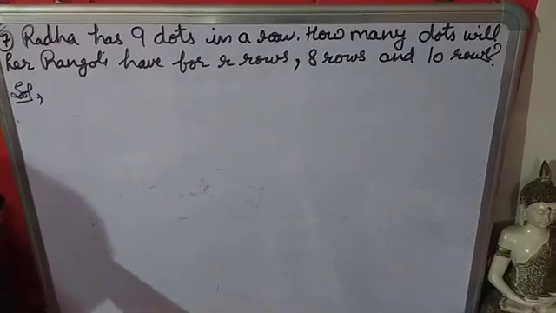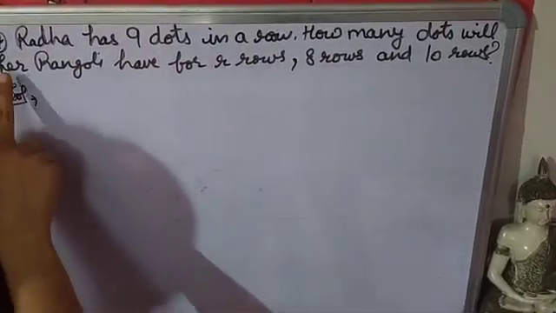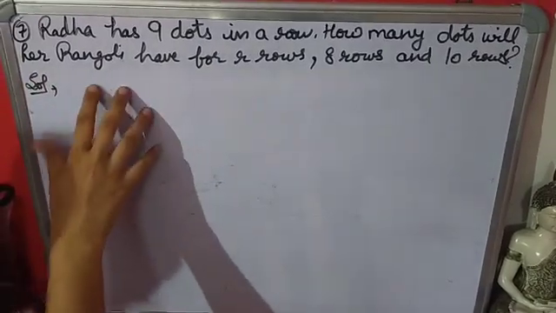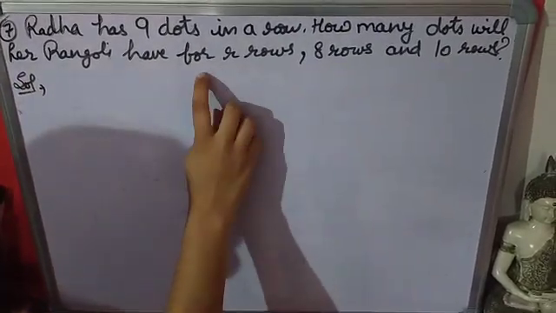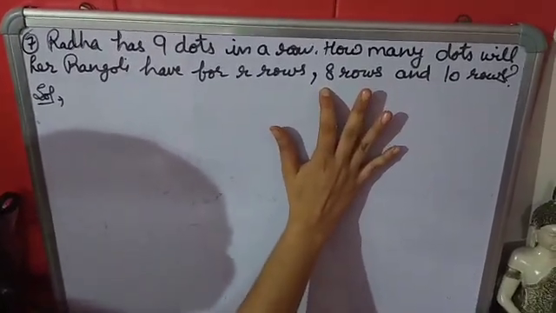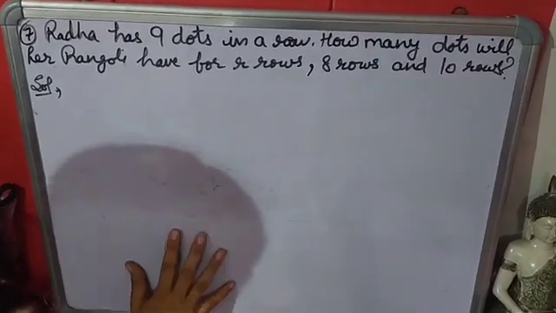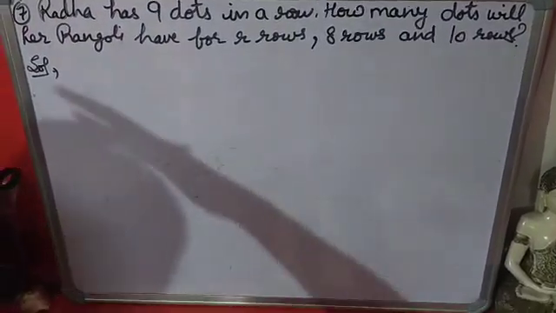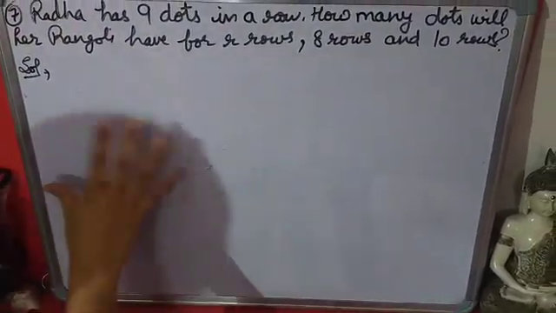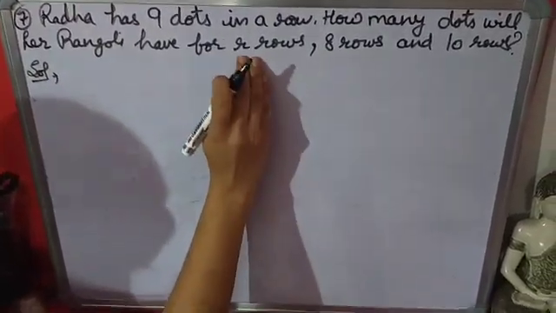Seventh question, Radha has 9 dots in a row. How many dots will she need for her rangoli if there are R rows? And in the second case, if there are 8 rows, how many dots will she need? And if there are 10 rows, how many dots? So there are 3 parts and we will find 3 solutions. First of all, we will find dots for R rows.